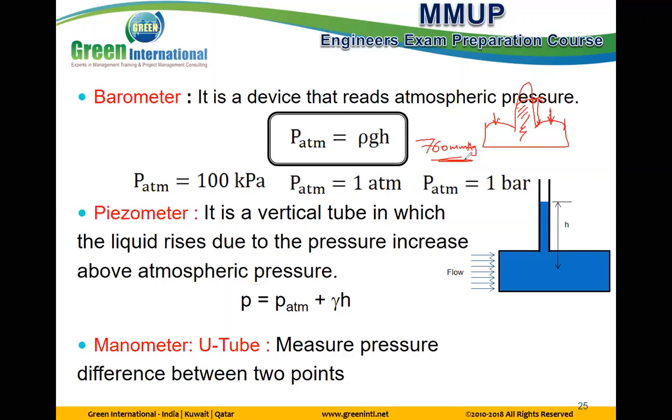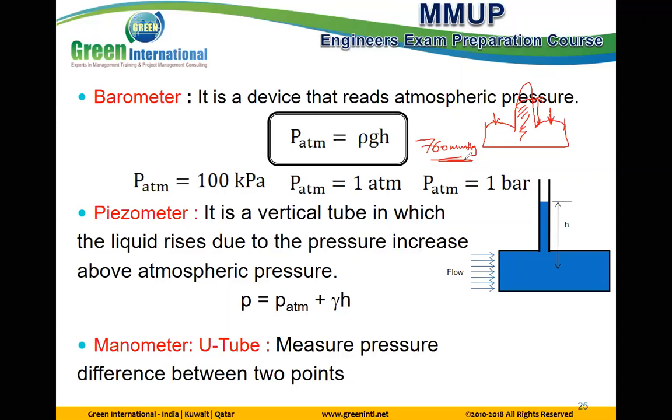One important point is common to the 3 devices. All these 3 devices measure the pressure as a head, as a unit of head. What does that mean? This barometer I drew measures distance, not pressure as a unit like Pascal, but measures height.